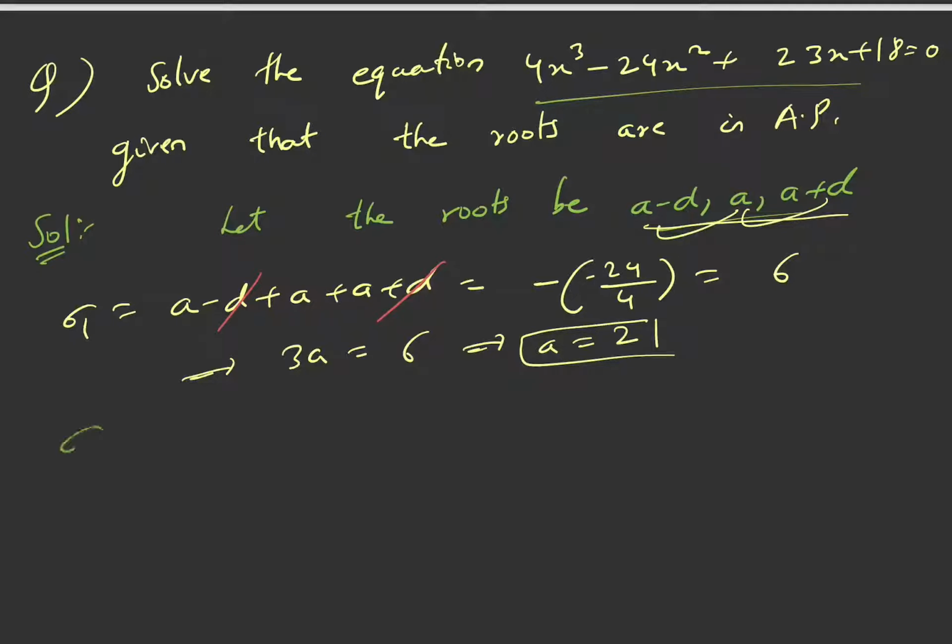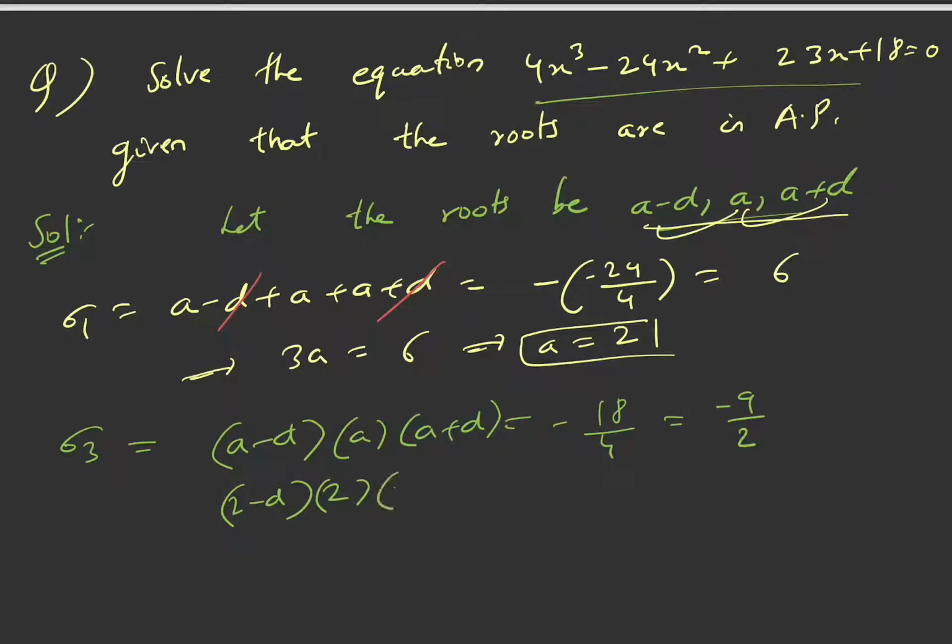Now let us consider sigma 3. Sigma 3 is what? Product of all the roots, a minus d into a, into a plus d. This is equal to what? Minus 18 over 4, that is minus 9 by 2. So let us put the value of a here, 2 minus d into 2 plus d. This is minus 9 by 2.